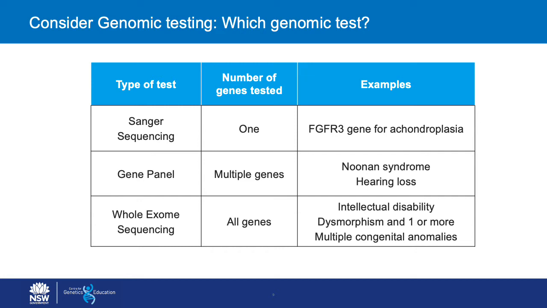We would therefore choose a gene panel. However, other clinical presentations are much less gene-specific and are associated with hundreds and hundreds of genes, such as intellectual disability, multiple congenital anomalies, or severe epilepsy in association with intellectual disability. In this situation, we would consider whole exome sequencing, in other words, examining all our protein coding genes.